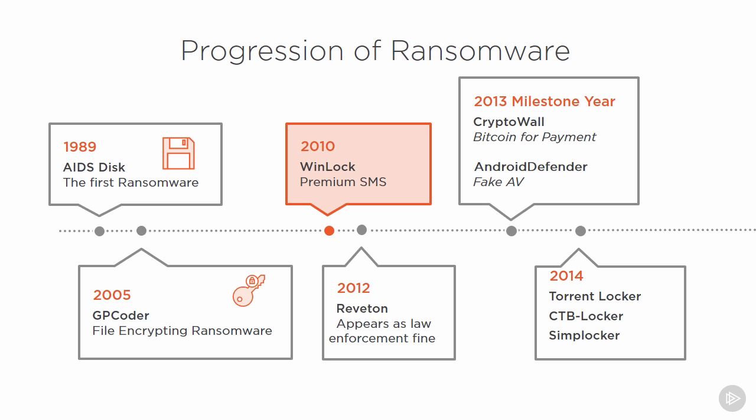In 2010, a new variant of ransomware was discovered. This one was called Winlock, and instead of sending a check to a P.O. Box number or using some other anonymous way of sending money for the ransom amount, the novel approach with this malware was that it used premium rate SMS messages, so text messages from a mobile phone, in order to cash in on the criminal activity.